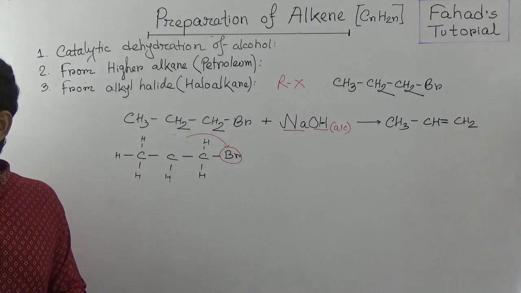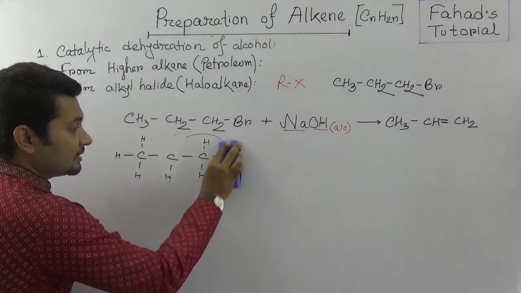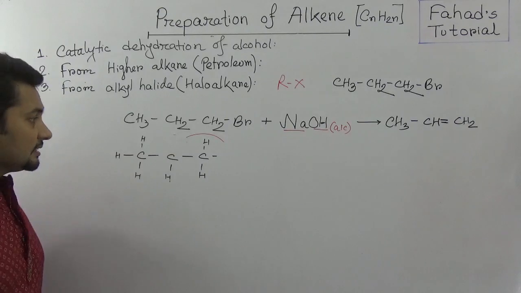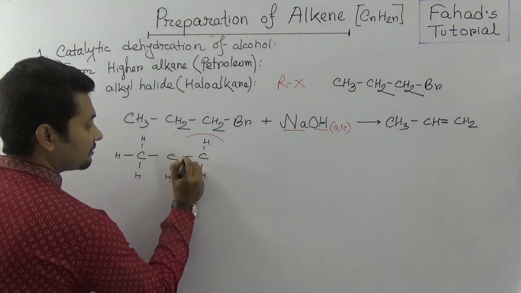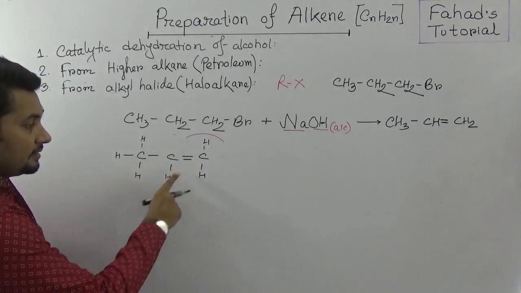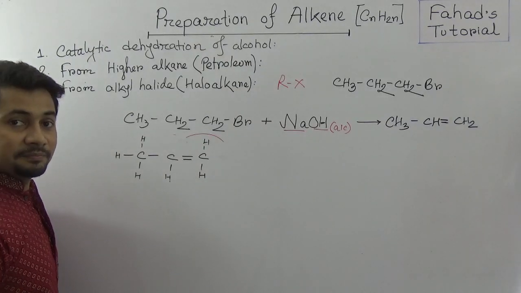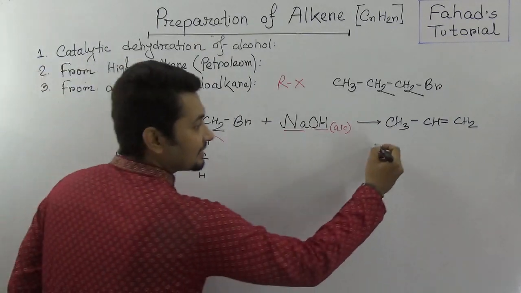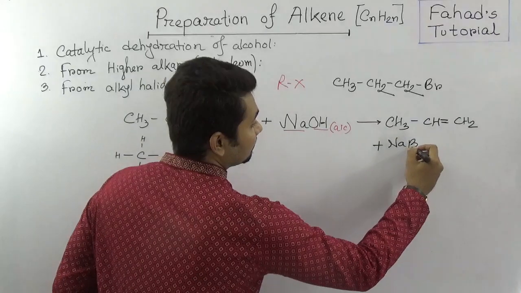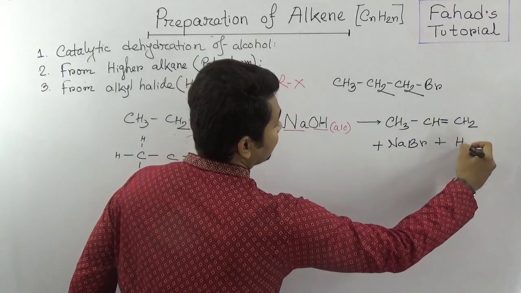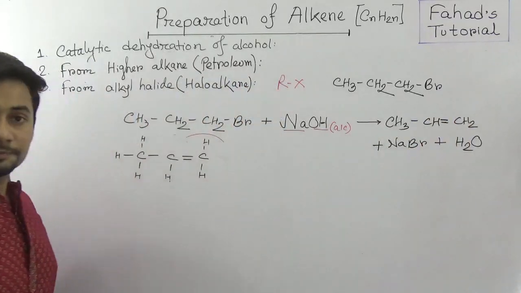This bromine is out, so definitely there would be a double bond, and this is propene. With that, sodium bromide and water will be produced.